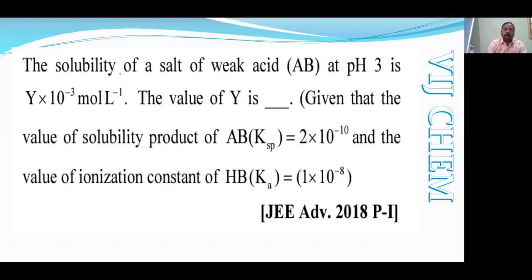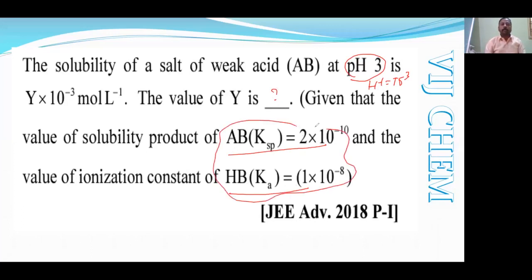Here you are given the solubility of a salt of a weak acid. What is given? Ksp. pH is equal to 3, which means the concentration of H plus is equal to 10 to the power of minus 3. The Ksp of the salt AB is given and the Ka of the weak acid is given. By using all of them, you have to find the solubility of AB.